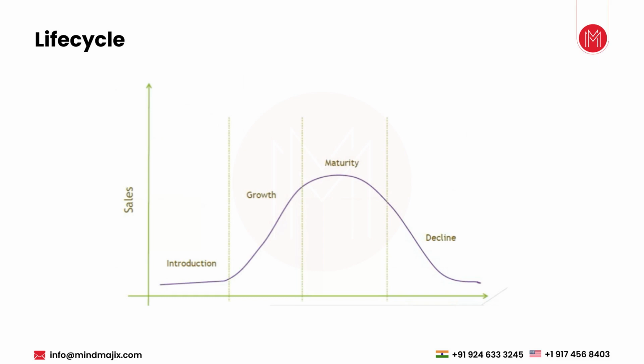That is how maturity works. And then the last phase, which is decline. In declining, sales will drastically reduce, or rather the product will be on the verge of discontinuation or obsolescence, or end of life cycle. After decline, it results in the end of life cycle.